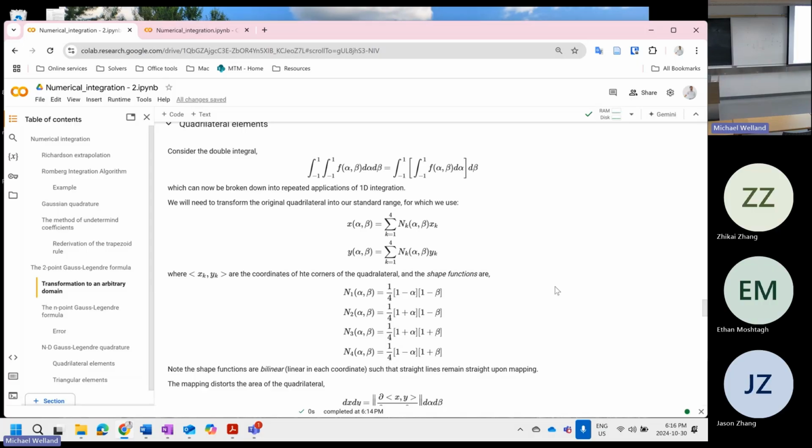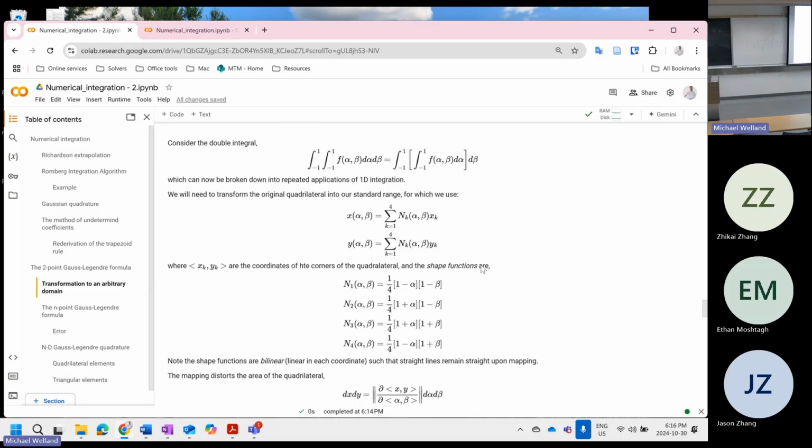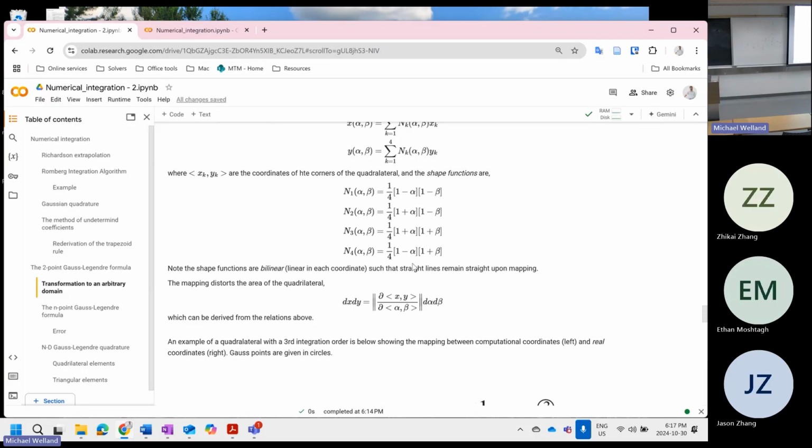And what we're going to see in finite element, we don't actually need to solve anything else or calculate anything else. All we're actually going to be solving for is the value of the function at those Gauss points, which is going to be neat when we get around to it, but this is why we're doing that. So this is all about the transformation.